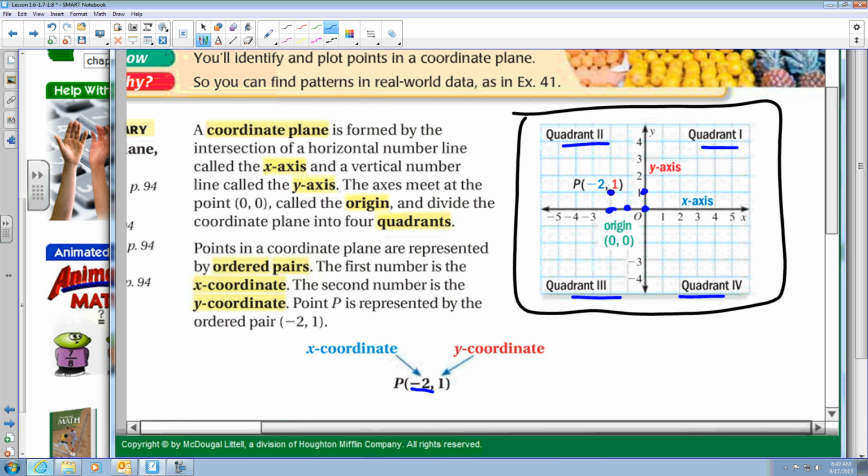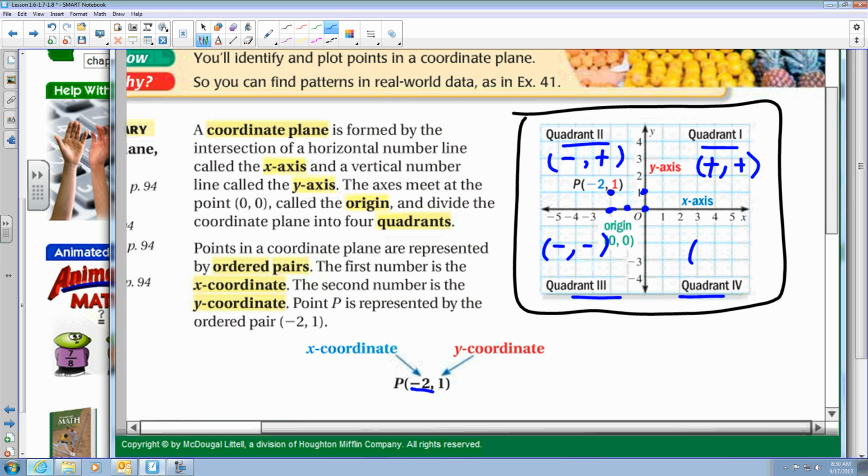So if you have an x and y coordinate, anything in quadrant 1, the x value is always going to be positive, and the y value is always going to be positive. If it's in quadrant 2, the x value is going to be negative, and the y value is going to be positive. If you're looking for points in quadrant 3, your x value is always going to be negative, and your y value is always going to be negative.